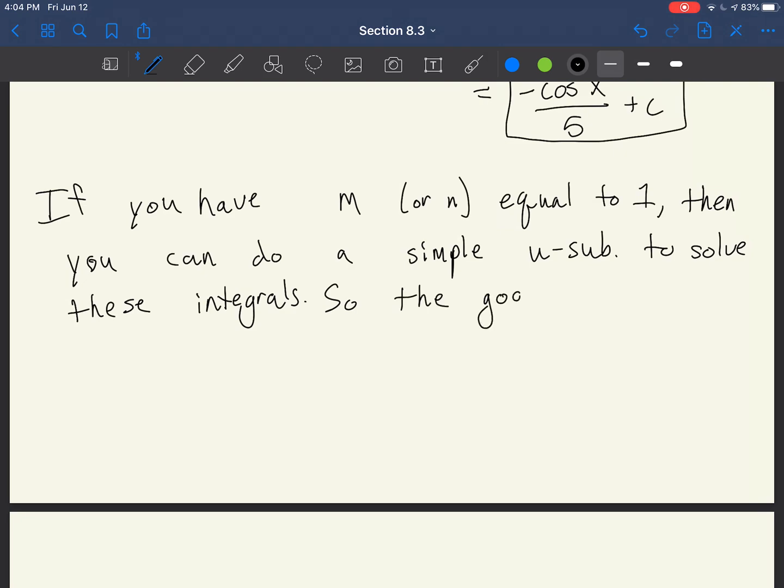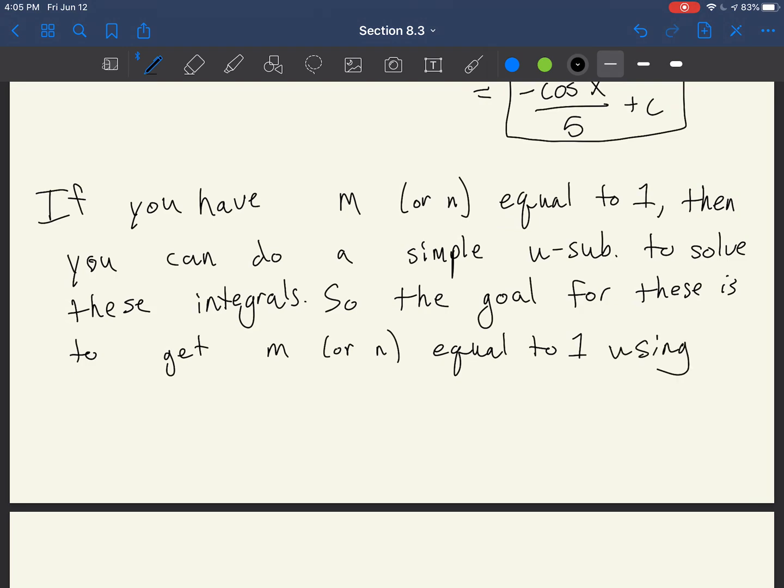So the goal for these trigonometric integrals is always going to be to get either m or n equal to 1 using trig identities.